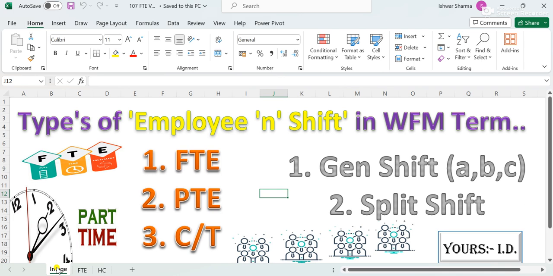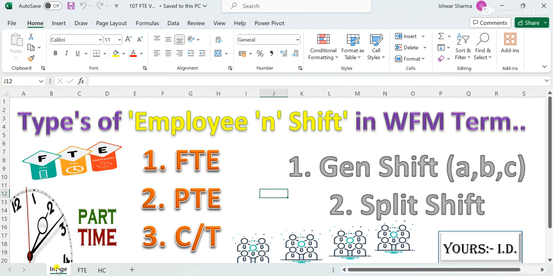So there are three types of employment. Employee types we can say are the FTE, the PTE, and the CN. FTE means full-time equivalent, the employee who is committed to the company full-time. PT means part-time employee, who does their job part time, like 4 hours or 6 hours, as agreed between the company and the employee.